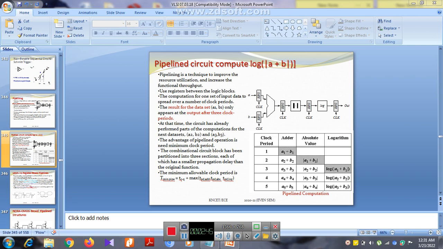All the T PD are the worst case of the combinational circuit.